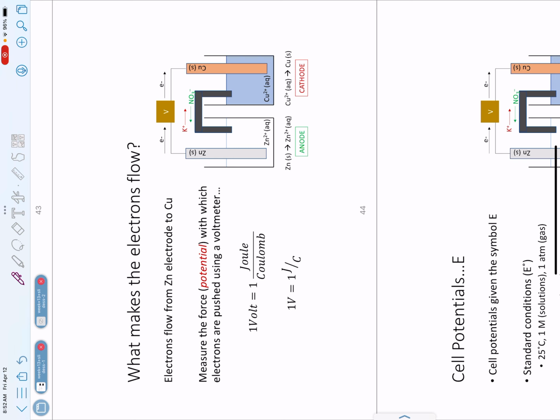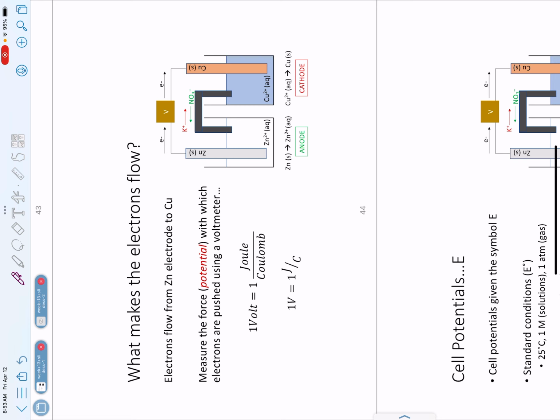So for every joule that we must use to push a coulomb, that measures 1 volt. So volts are what we're going to be using, in a sense, as a proxy for energy in this particular case, as we measure how our batteries work. We're also then measuring how our electrochemical reactions, our redox reactions, are going as well.